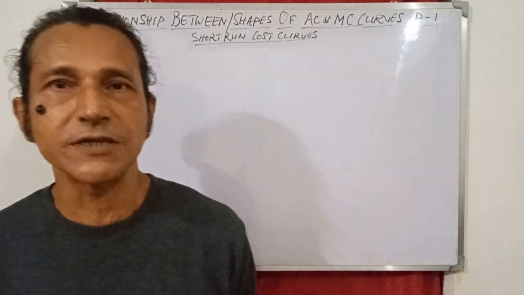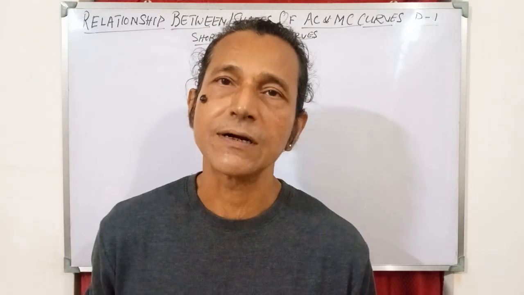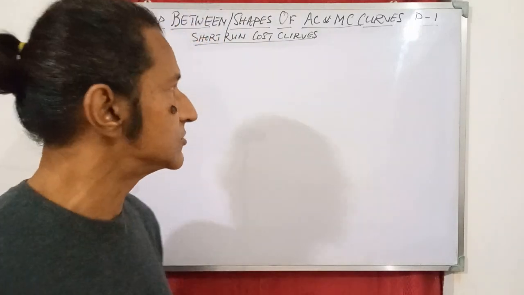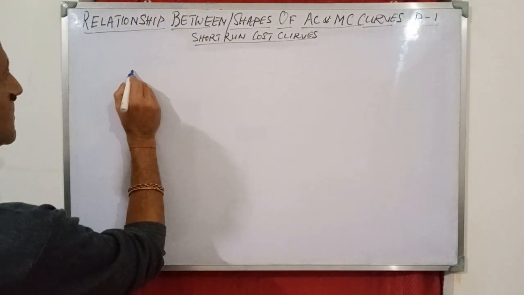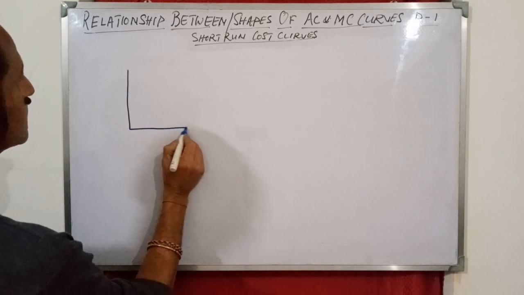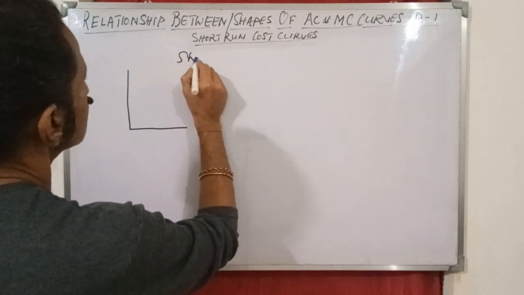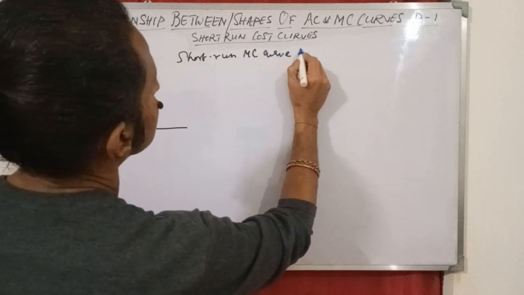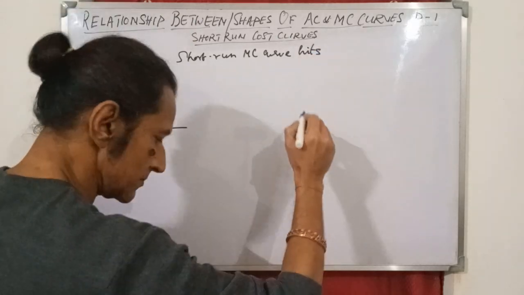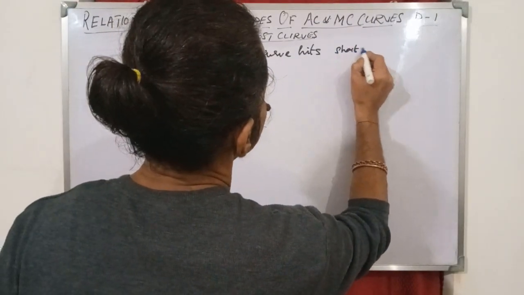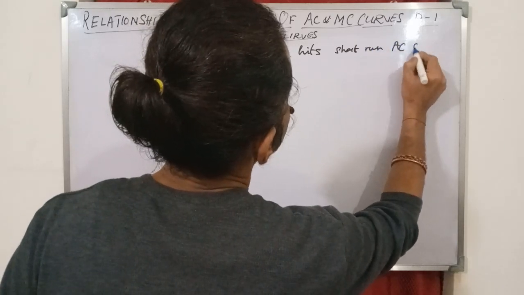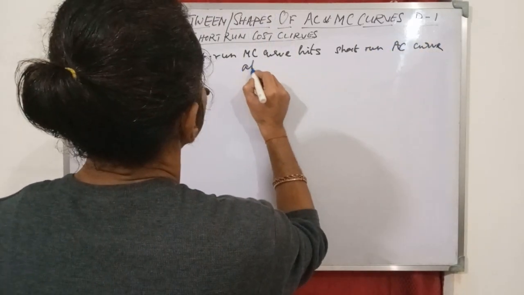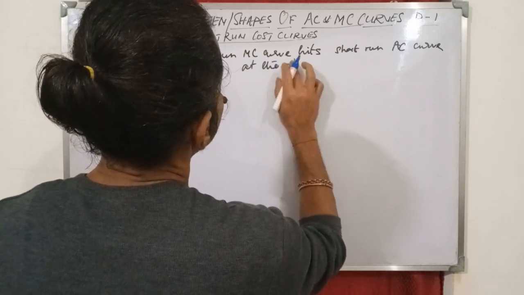Now the postulation is that the short run marginal cost curve hits the short run average cost curve at the latter's minimum point. So if we draw the diagram, the short run MC curve hits the short run AC curve at the latter's minimum point.